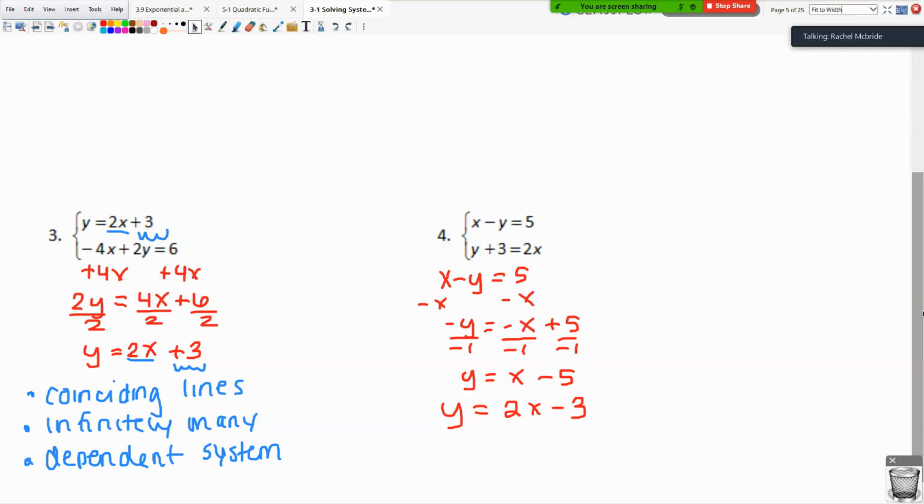Okay, and then subtract 3 from the other equation. And we get y equals 2x minus 3. So we have different slopes. Different slopes tell me I have intersecting lines, which tells me I have one solution.